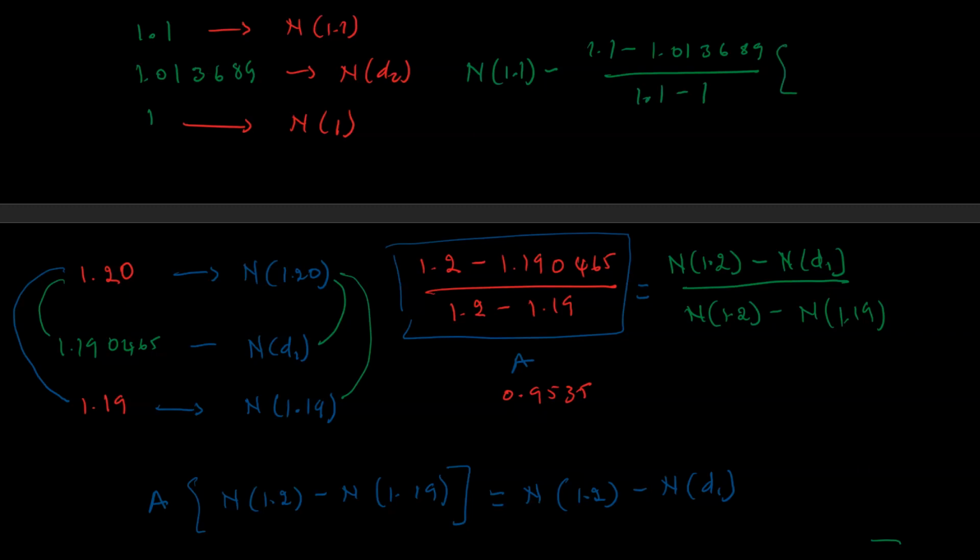And what I have in the bracket is N1.1 minus N1. And this should give me ND2. And so what we need to find are N1.1 and N1.